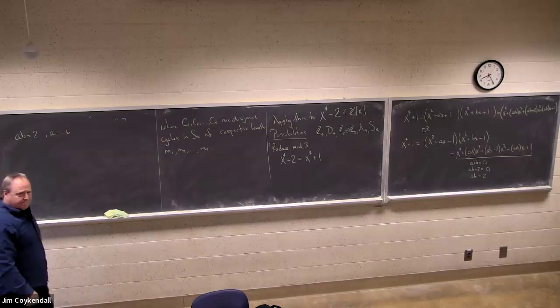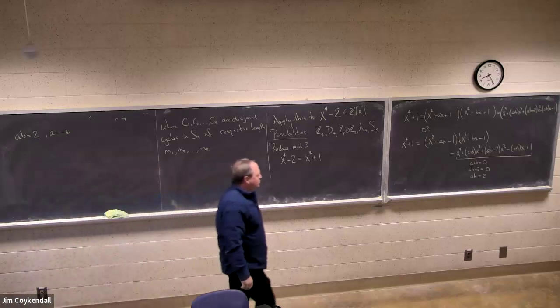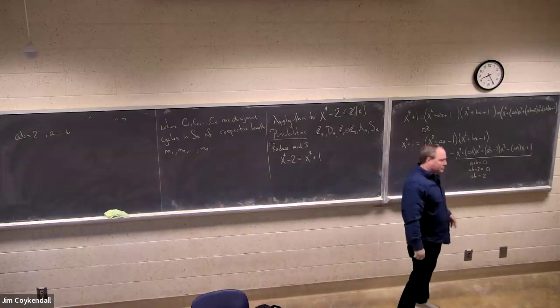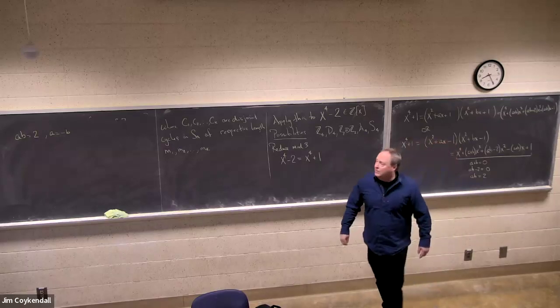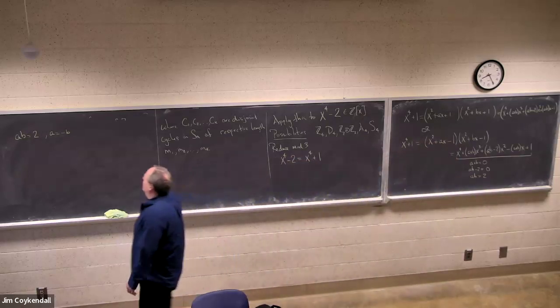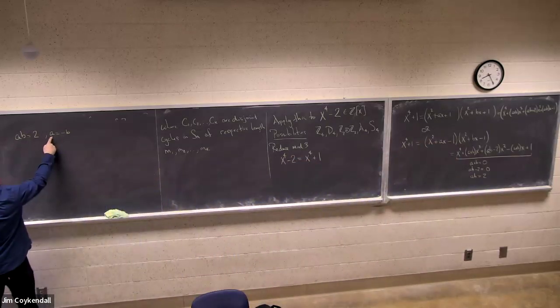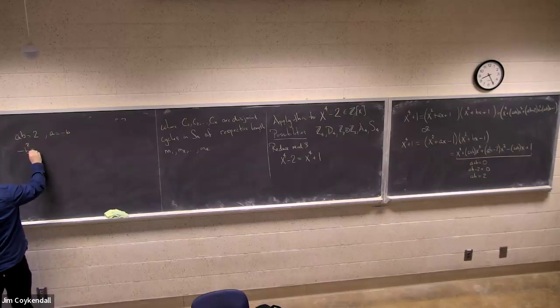Do I agree with that? Did I do something wrong? So I get ab equals 2, I get a equals minus b. So replacing a with minus b, minus b squared is 2.